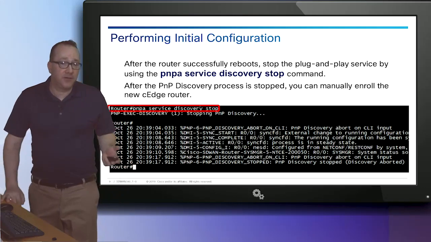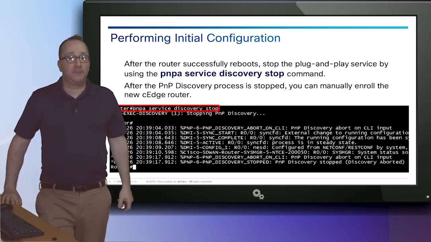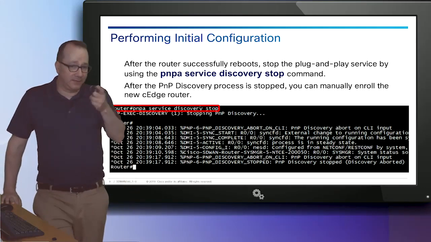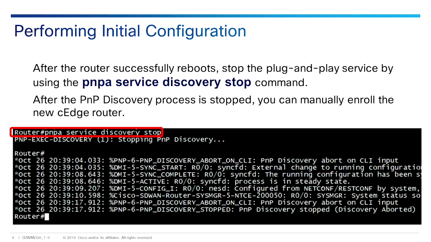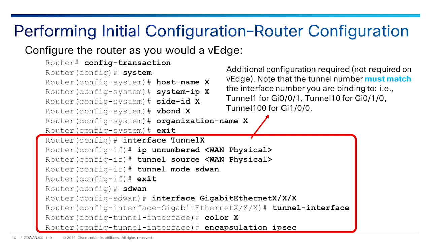After it reboots, we need to shut off the plug-and-play service by issuing the command pnpa service discovery stop. After that, you can manually enroll the new cEdge router, and you'll notice the configuration is very similar to what we were doing with the vEdge devices. We do a config transaction.